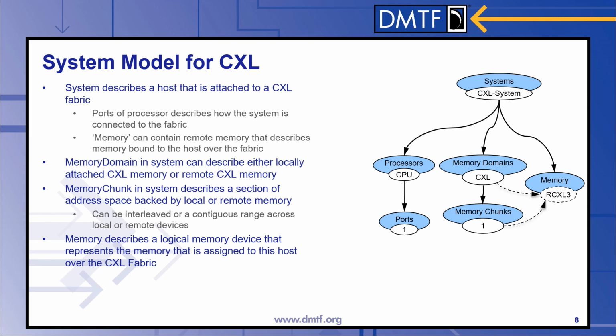A memory chunk in system describes a region of address space that is backed by either local or remote CXL memory. This memory can be interleaved or a contiguous range across local or remote memory devices. The memory model describes a logical memory device representing memory that is assigned to the host over a CXL fabric.